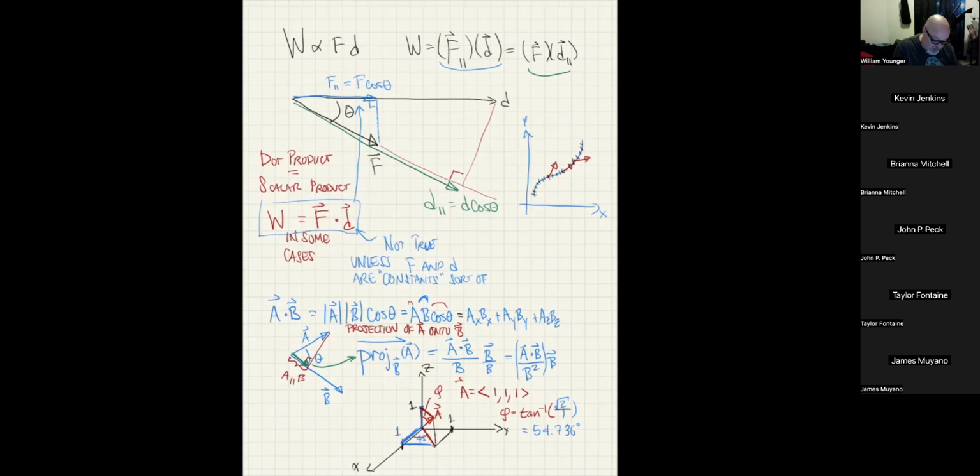So one of the things that I claim is helpful about the dot product is because you have 2 ways of getting it, the one where you multiply like components, and then the one where you multiply A times B times cosine theta, you can use that to find the angle.